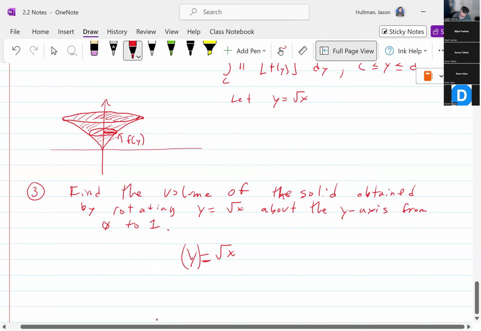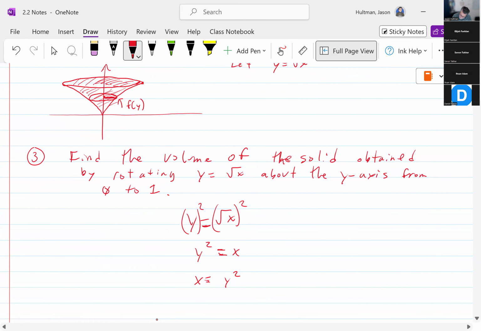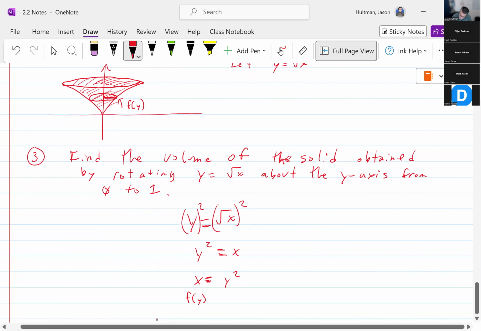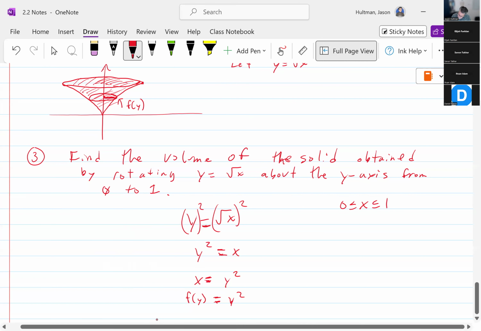So let's square both sides, and we get y squared is equal to x, or x is equal to y squared, or f of y is equal to y squared. Now I have to ask myself, where does y go from? If x goes from 0 to 1, then what does y go from?